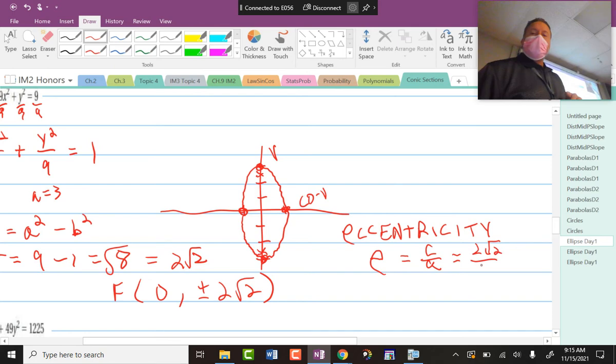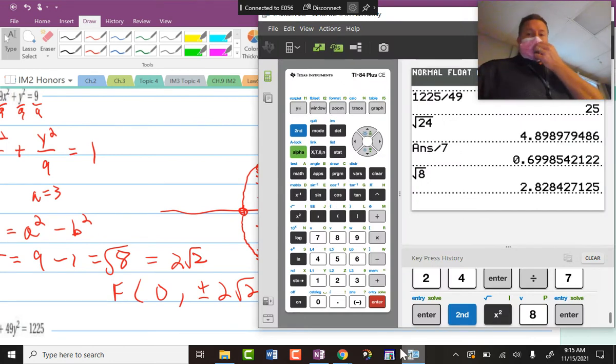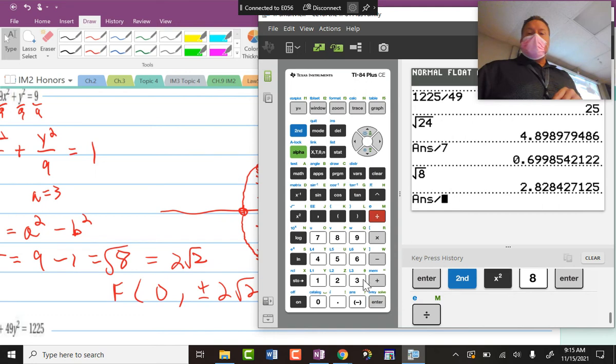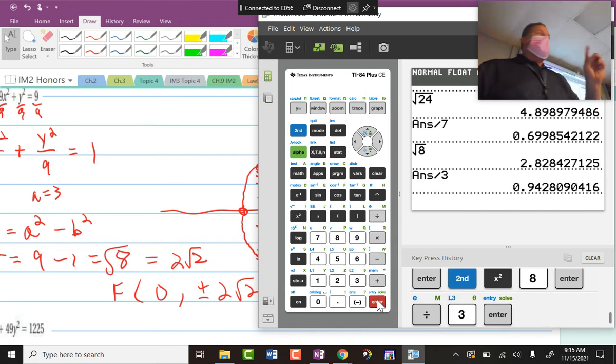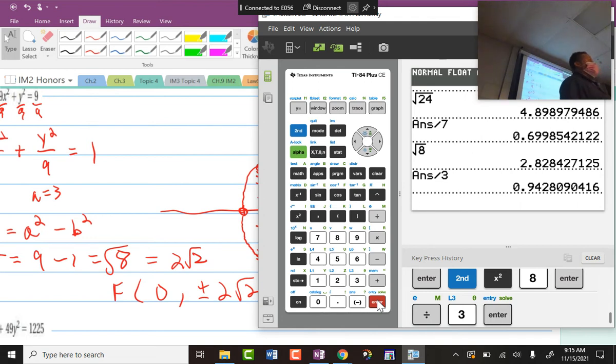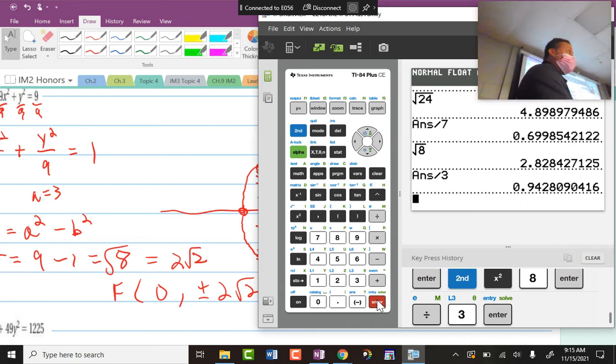So what is 2 root 2 divided by 3 approximately? Let me go into my calculator. There's the 2 root 2. Now when I divide that by 3, understand first of all how e could never be 1. If e was 1, something catastrophic would happen, but it'd be close. We can't get c to be equal to a. c always has to be smaller than a. So when I do c divided by a, we must have an answer that's below 1.